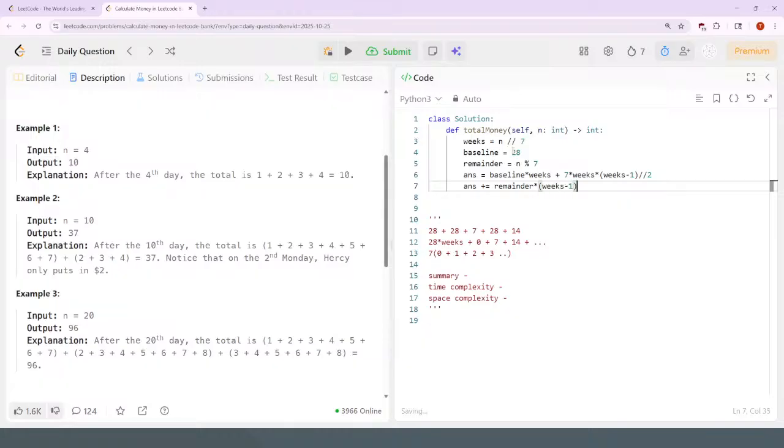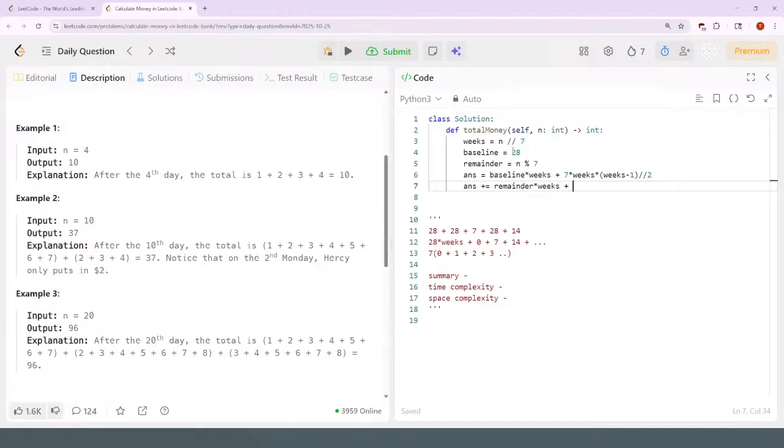So if there's 1 week, no, I think it might be just weeks. Remainder times the weeks. So if, let's say it's remainder 2 and the week is 1, each of those is going to be worth 1 above the baseline.